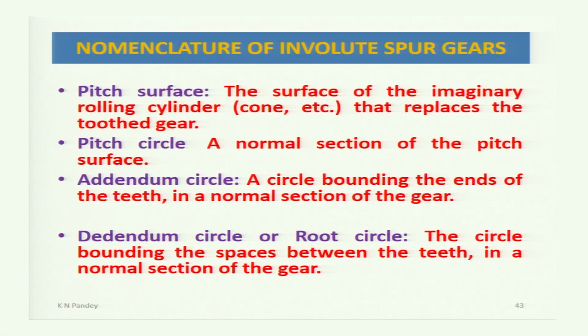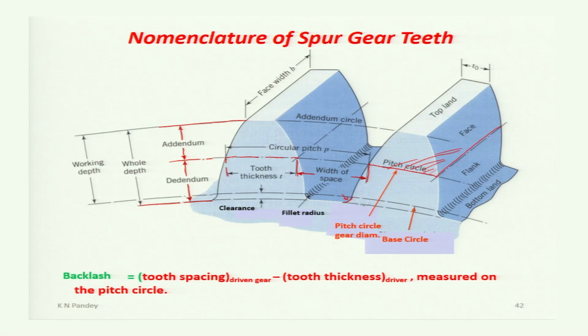Then the pitch circle is the normal section of the pitch surface. Then the addendum circle is a circle bounding the ends of the teeth in a normal section of the gear. That means this is the addendum circle, the outer circle. A circle passing through the outer edge of the gear tooth is called the addendum circle.